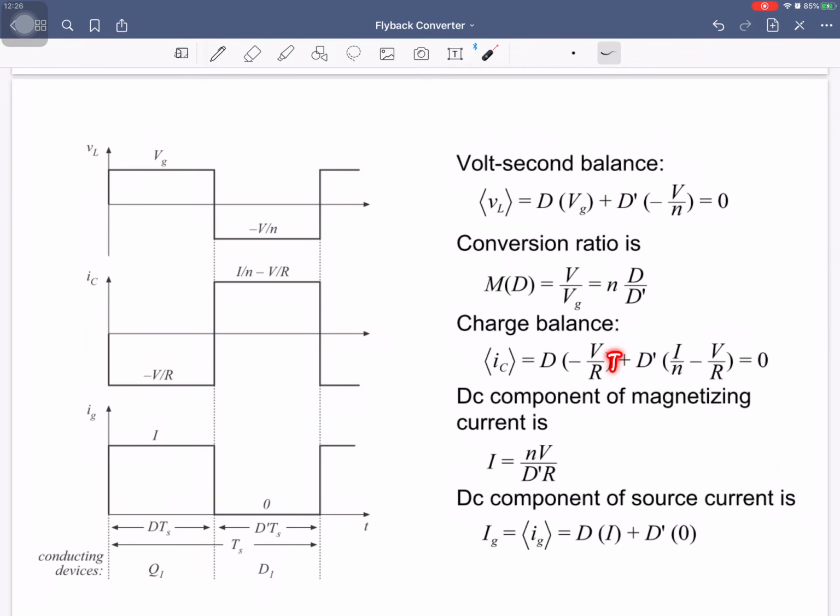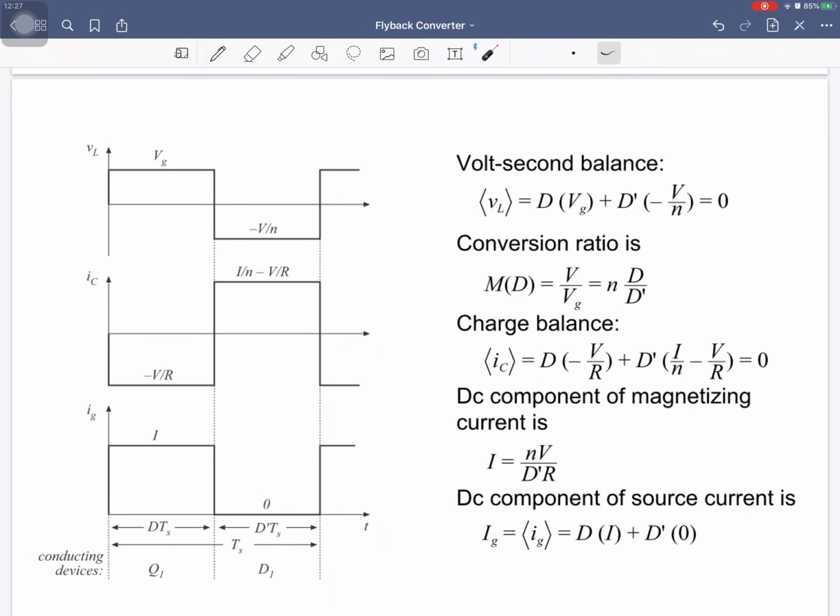So T is over here and T over here, so T is cancelled out because we have 0 on this side. So we can get the expression for the current. From here, if we solve it, I will be equal to NV by D prime into R. Right? And what will be our source current? The average value of the source current.